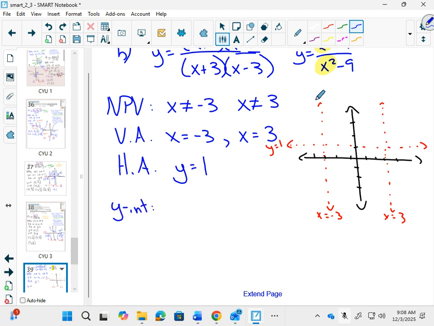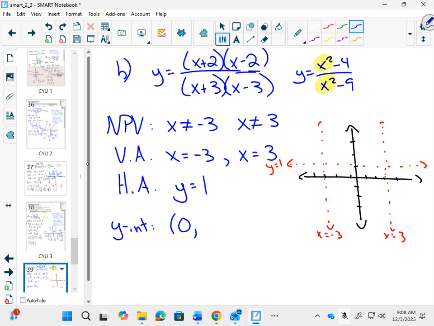Y-intercept is always easiest to start with. I would look at my original equation. What's highlighted there, those x squareds will be 0, -4 over -9. That makes 4 ninths. So I have the point (0, 4/9). X-intercepts.